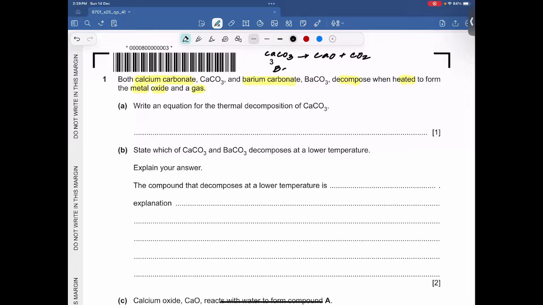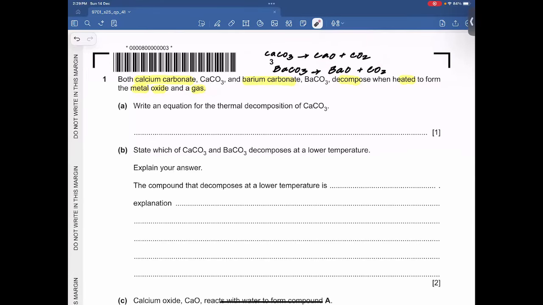And when barium carbonate is decomposed on heating, it will turn to barium oxide and carbon dioxide. And that's what we have done in the class also. So calcium oxide and barium oxide both are metal oxides, whereas carbon dioxide is a gas. All right. I hope it makes sense to you.